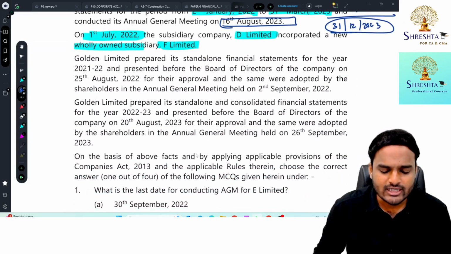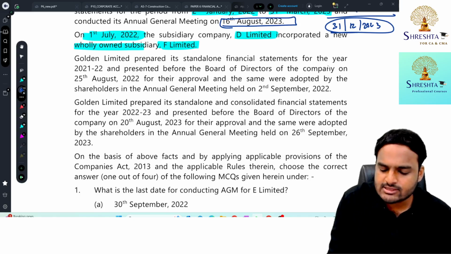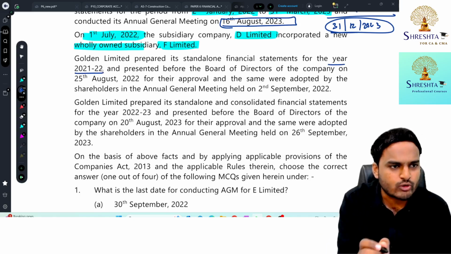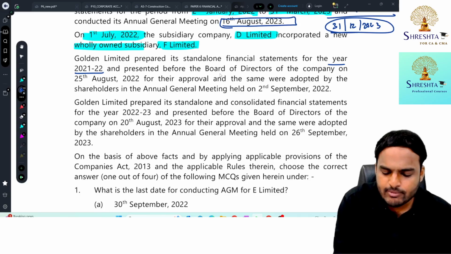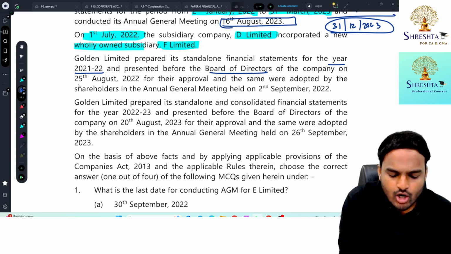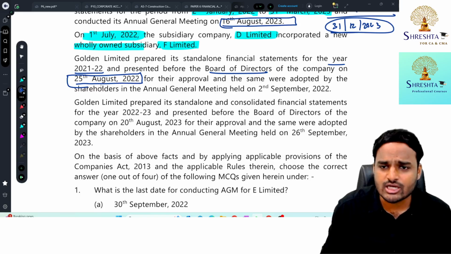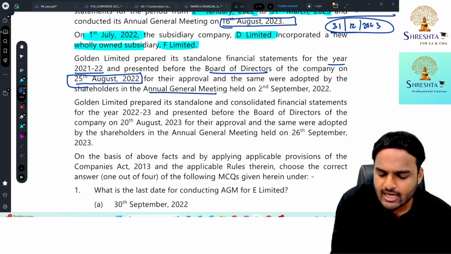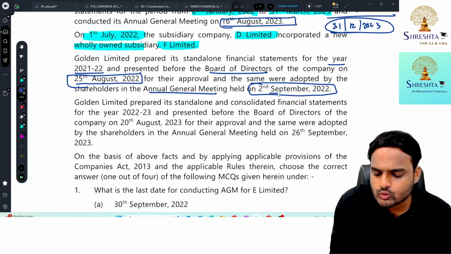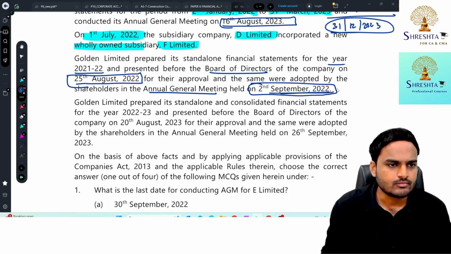Clear? Golden Limited prepared its standalone financial statements for the year 2021-22 and presented them before the Board of Directors of the company on 25th August 2022 for their approval, and the same were adopted by the shareholders in the AGM held on 2nd September 2022.